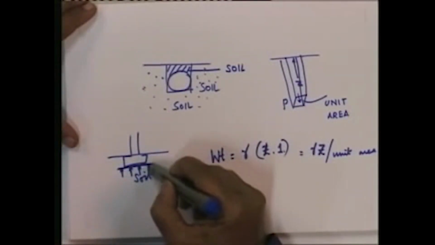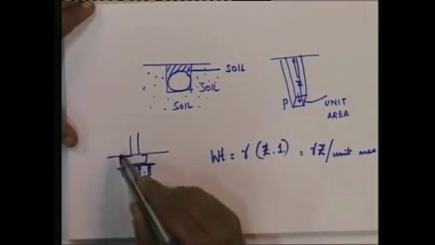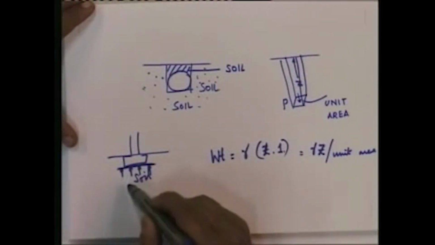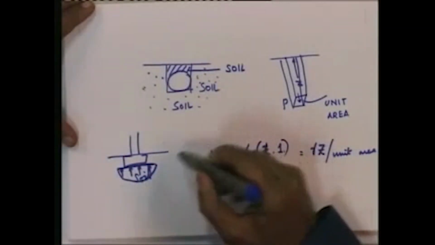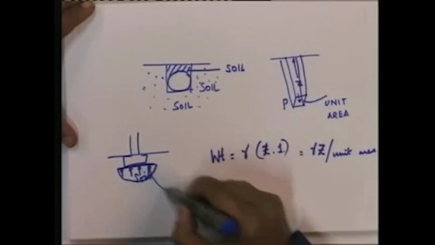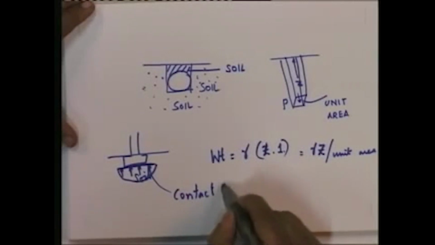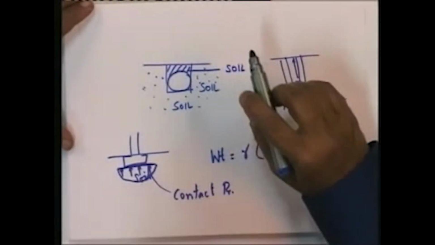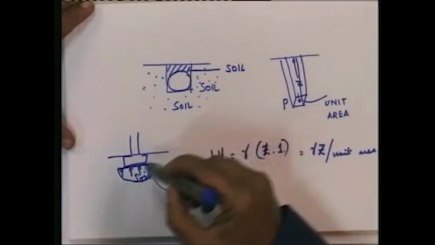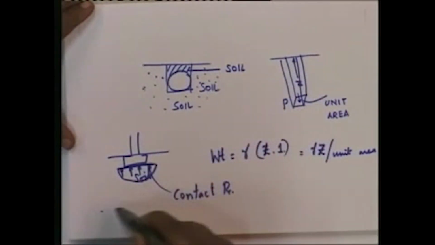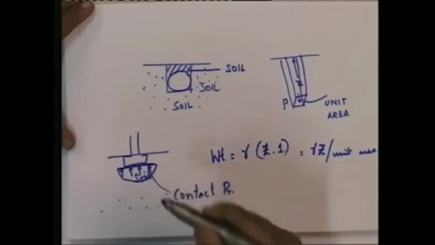So, if the foundation is imposing a load on the soil, in turn the soil is going to impose a resistance, which is what is depicted here in the form of a pressure distribution under the foundation. This is what is known as the contact pressure. This contact pressure, which is arising below the foundation, is what is responsible for creating stresses at several points inside the medium.